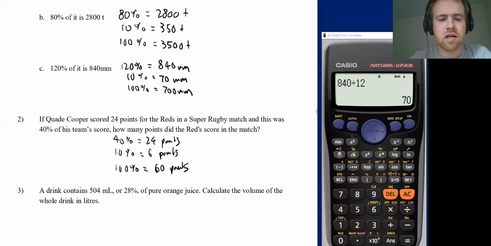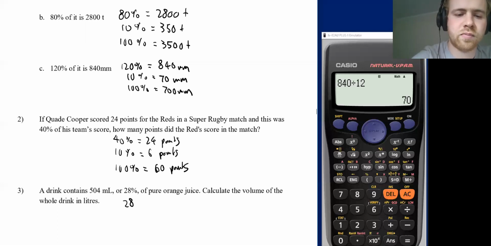A drink contains 504 mils, or 28% of pure orange juice. Calculate the volume of the whole drink in liters. So 28% equals 504 mils.